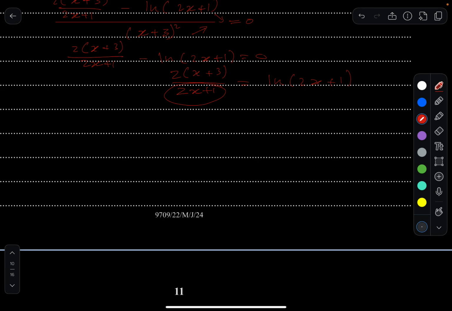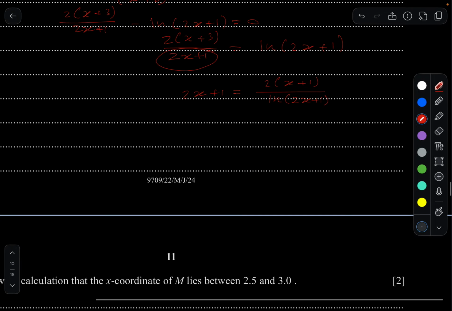So I'm just going to swap it and put it down there. So it will be 2x plus 1 equates to 2x plus 1 divided by ln of 2x plus 1. Now take this one to the other side, becomes negative 1.